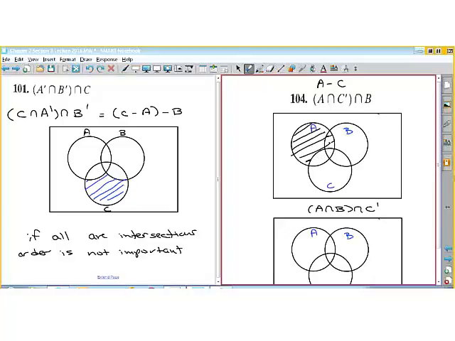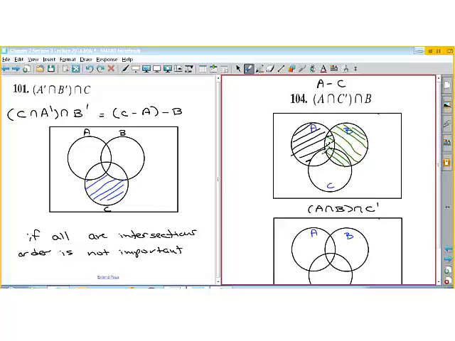The second part is the intersection of A minus C and B. Intersection is the overlap. Let me fill it in, and then we'll figure out how to do it without having to fill everything in. That's set B, everything that's in the circle.